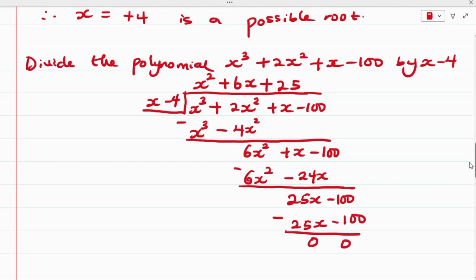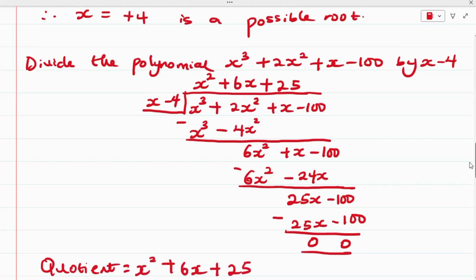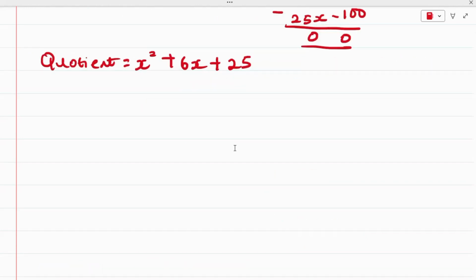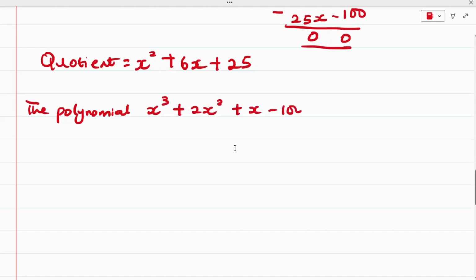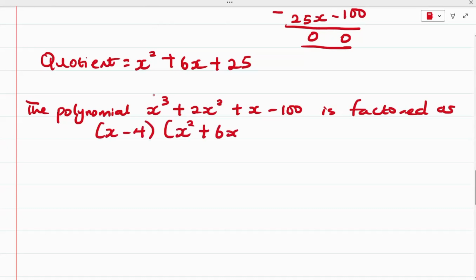So right here we have the quotient to be x squared plus 6x plus 25. So at this point, we can easily say that the polynomial, which is given as x raised to the power of 3 plus 2x squared plus x minus 100, factors as x minus 4 multiply x squared plus 6x plus 25, and this is equal to 0.